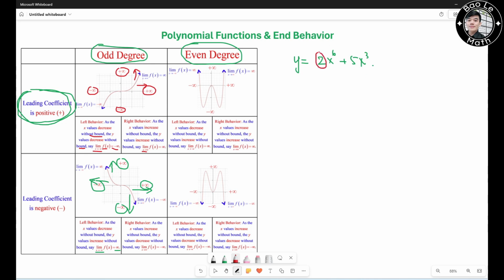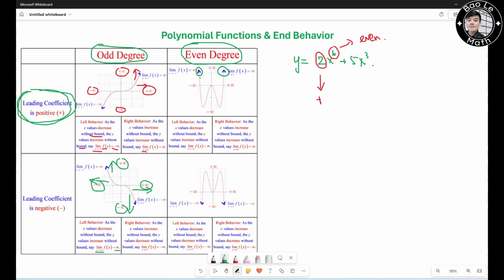The leading coefficient right here, 2, is positive. And the highest degree right here, 6, is even. So if the leading coefficient is positive and the degree is even, the function has the same end behavior. Look, the left behavior and the right behavior are both pointing up.